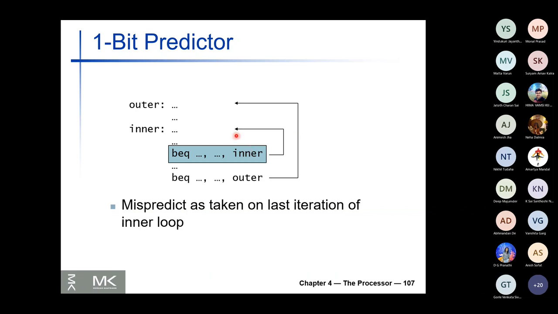So when this inner loop is being executed, suppose my prediction bit, the first time the branch is taken, and then this branch keeps being taken. Now, at some point of time, you will make an exit from this inner loop, isn't it so? And reach the next loop. So therefore, there will be one misprediction on the last iteration of this loop, if you take this 1-bit predictor.